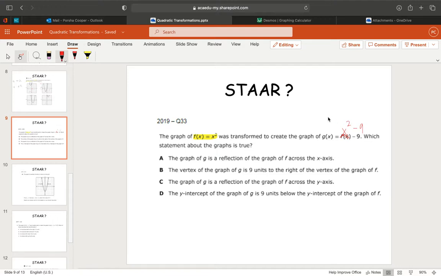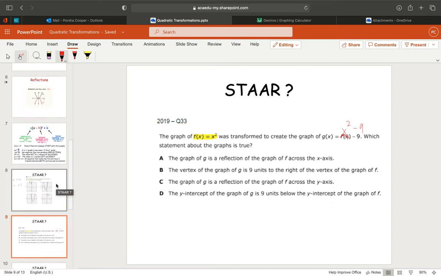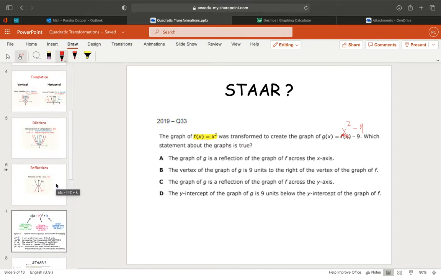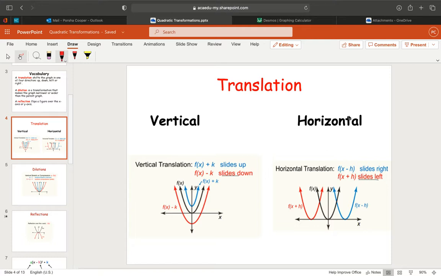X squared minus 9. So if I want to look back at my notes, I want to know which one of these things it looks like. And I'm adding and subtracting, so I know that's going to be a vertical or horizontal.